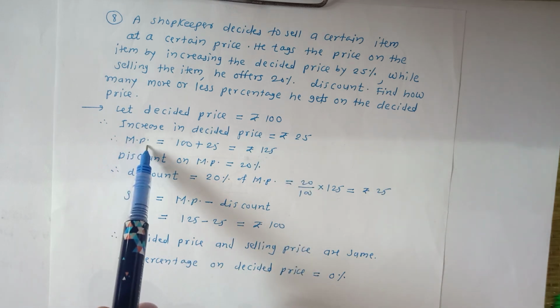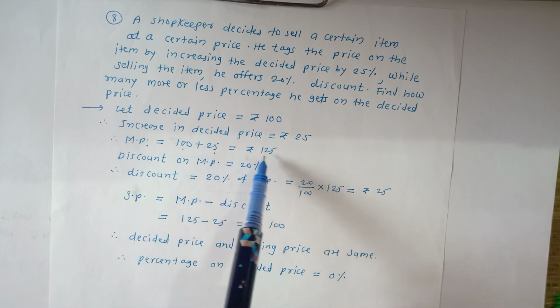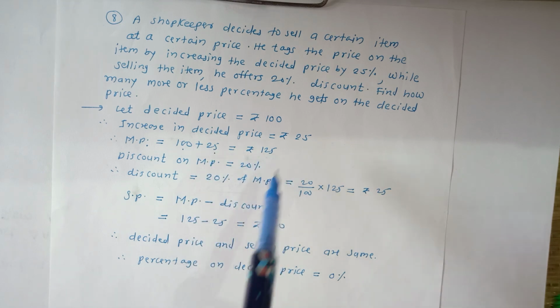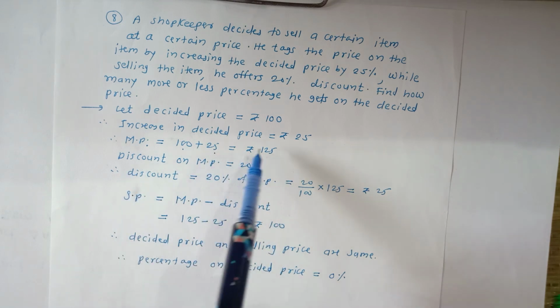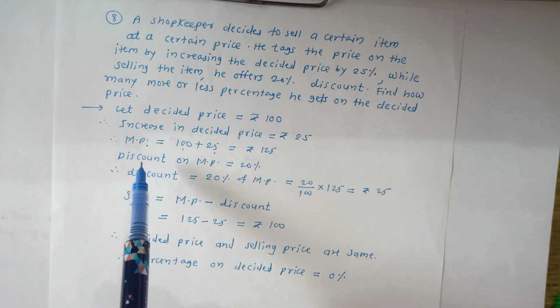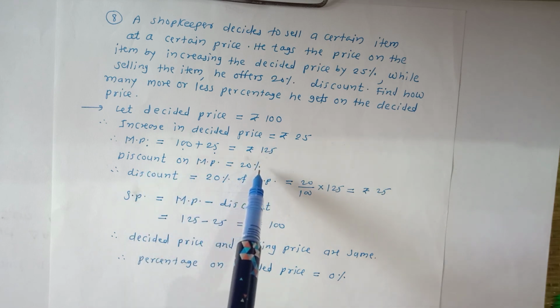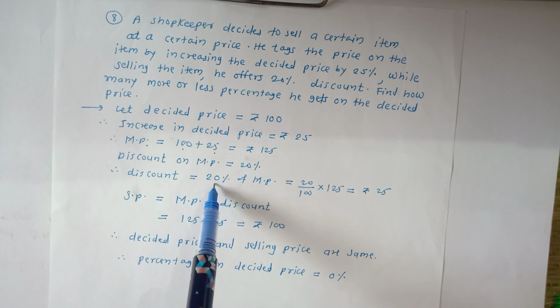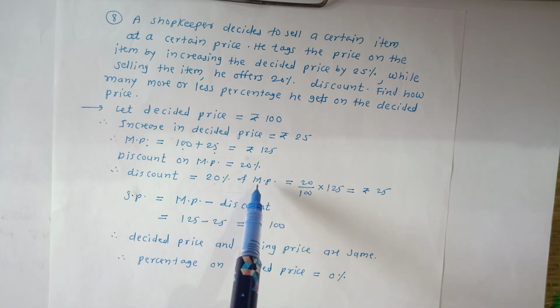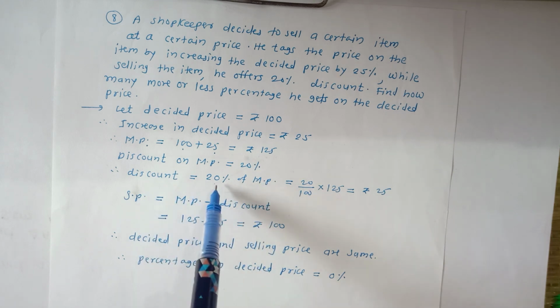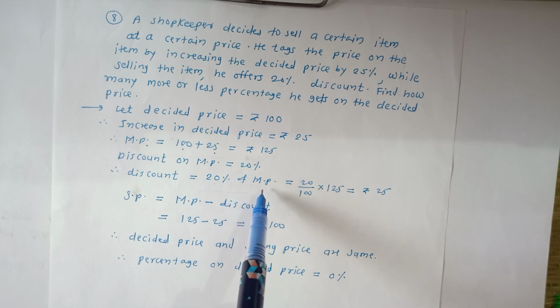Therefore the mark price will be 100 plus 25, that is 125. On this 125, discount is 20%. Discount is always given on mark price. So discount is equal to 20% of MP.